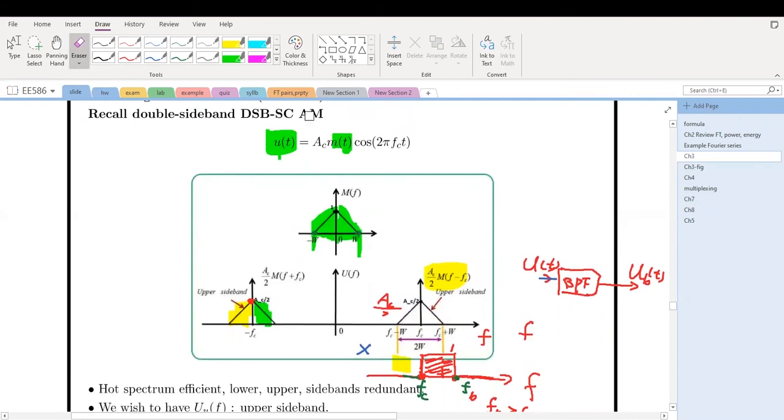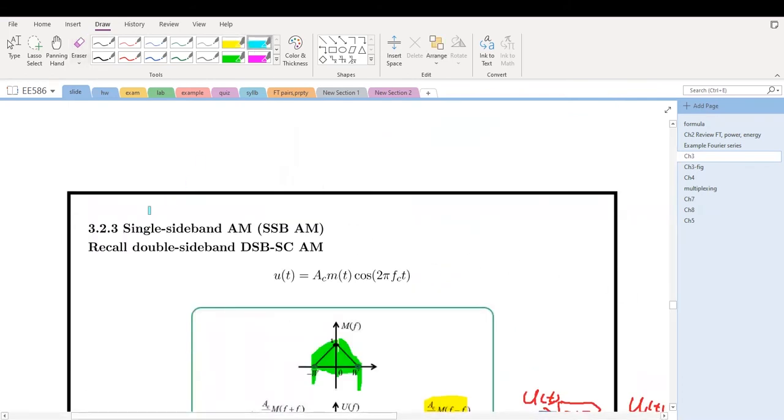You can see DSB-SC signals are not that bandwidth efficient because they transmit two sidebands that are symmetric. So the idea of single sideband AM signals is we're going to transmit either the upper sideband or the lower sideband, not both. So to save the bandwidth.